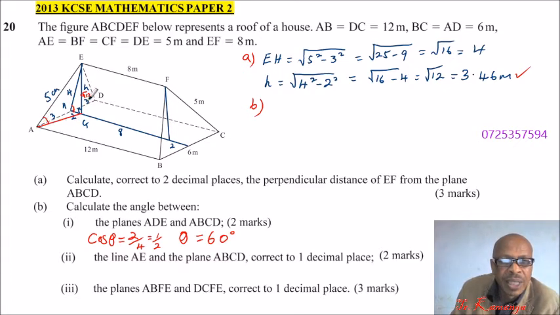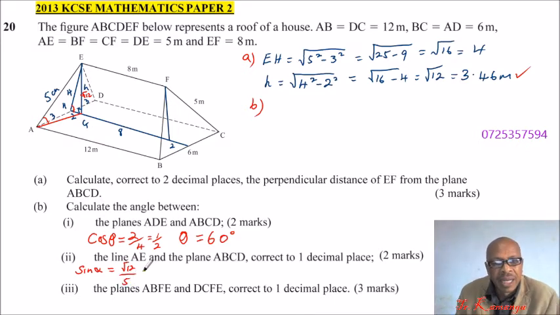Sine of this angle is opposite over hypotenuse. So we can say sine, let's call it alpha, is equal to opposite, which is root 12, divided by 5. When you divide that, you get 0.6928.